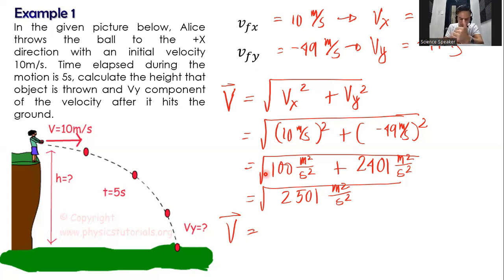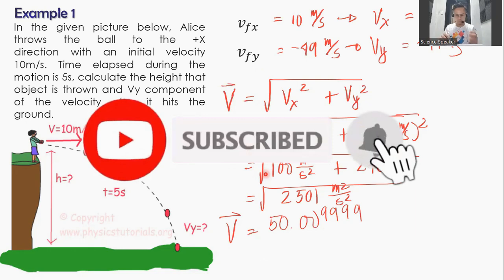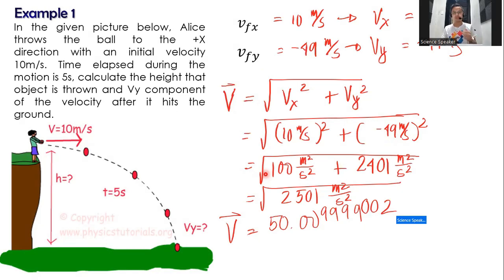So we have 50.009999002 meters per second.